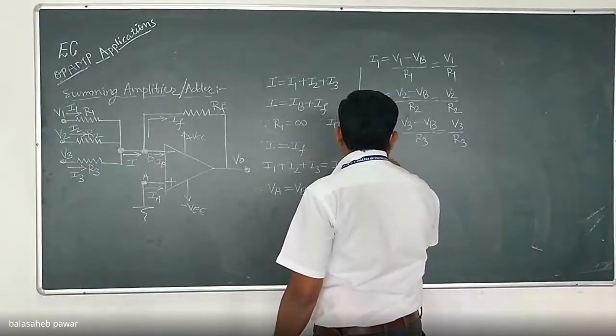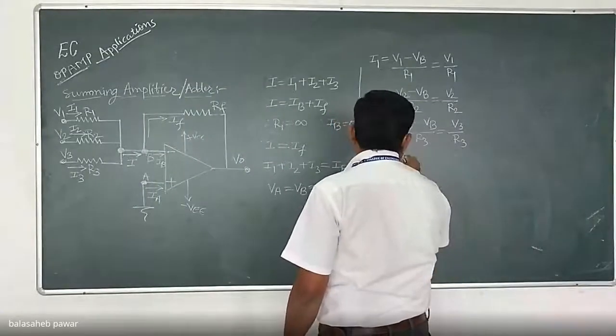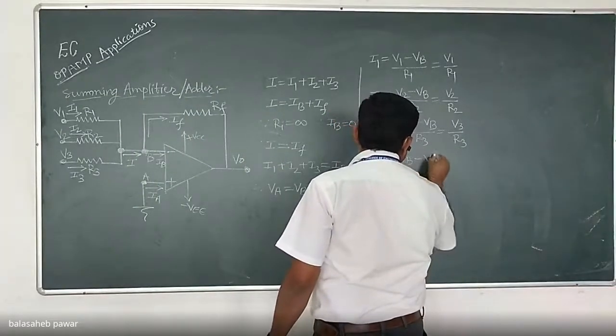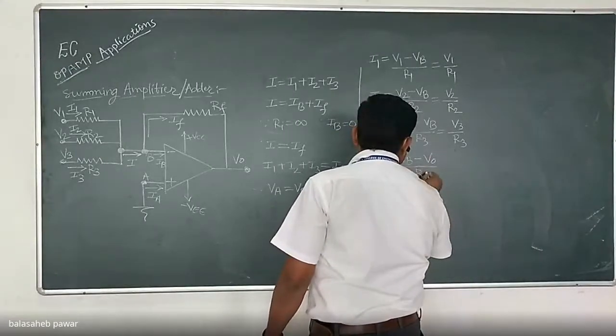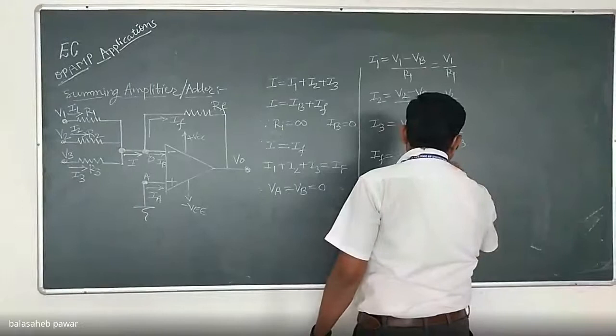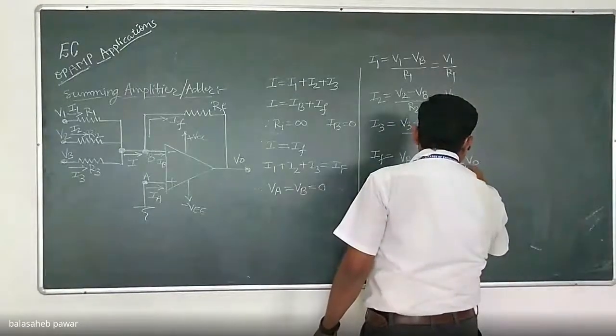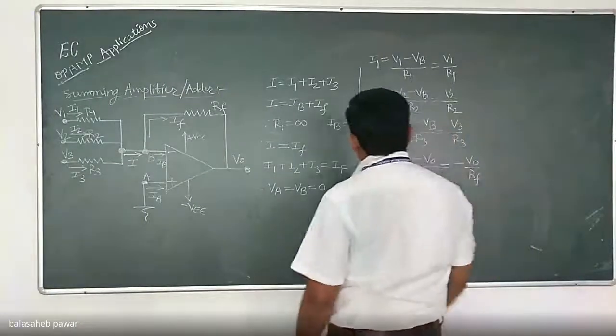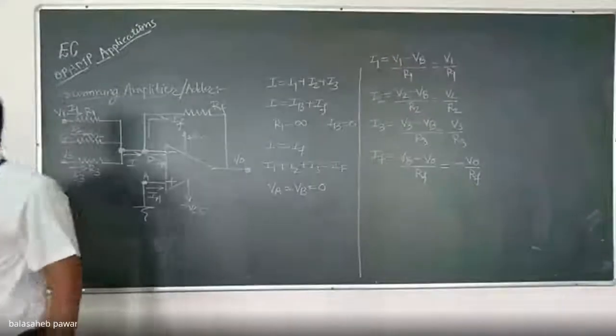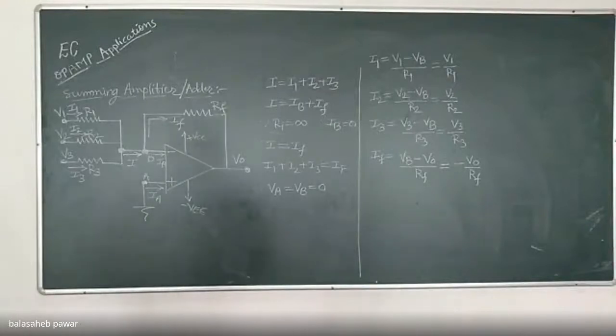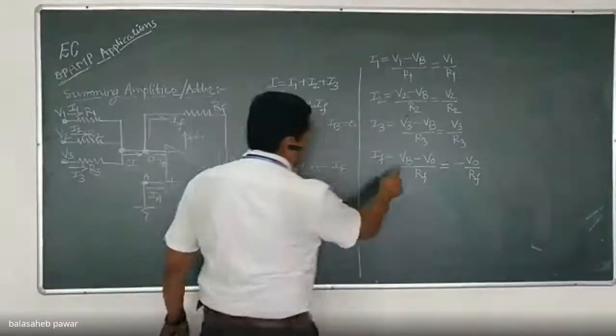IF equals VB minus VO, the potential difference from VB to VO, divided by RF, and that's why it equals minus VO by RF. Got it? All these various currents we have defined: I1 equals V1 by R1, I2 is V2 by R2, I3 is V3 by R3, and IF equals minus VO by RF as VB equals 0.